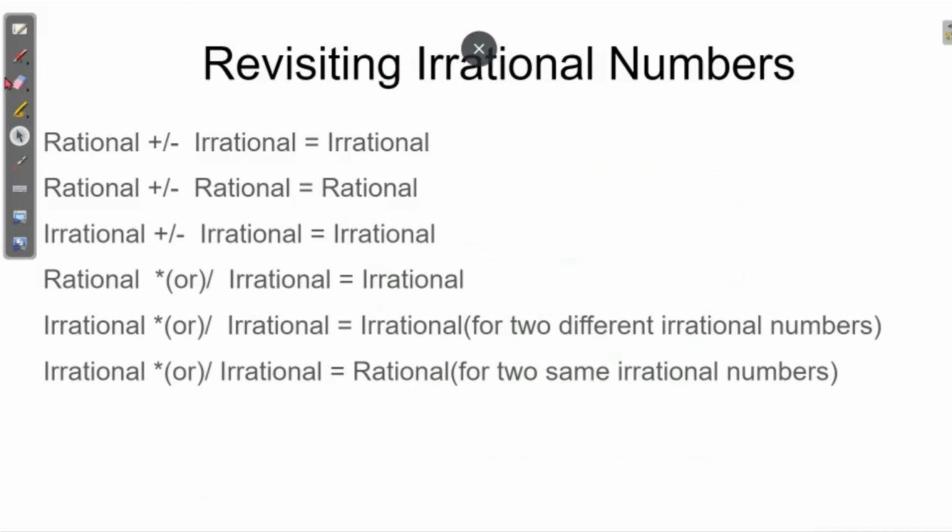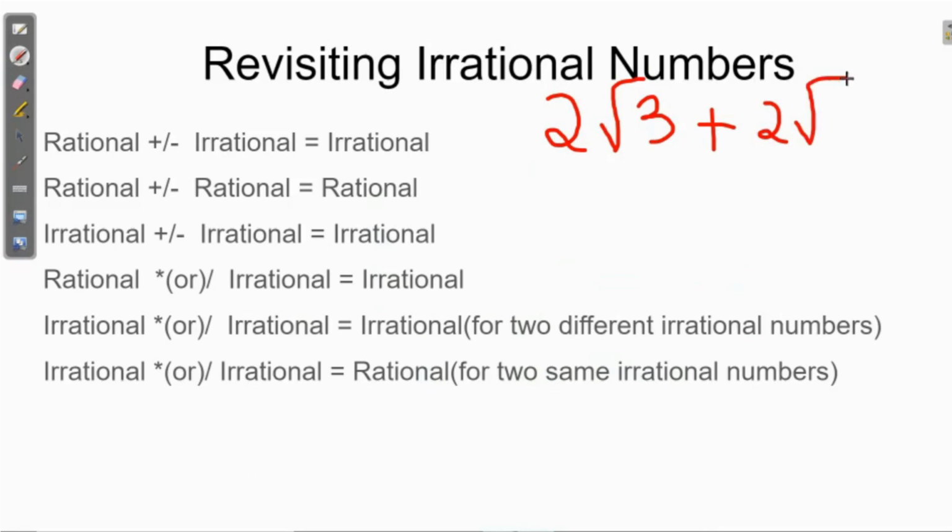Apart from that, the question that I saw mostly was they used to give a number, say 2 root 3. They used to give five options. Okay, 2 root 3 plus some 2 root 3. In my first video I have done, they used to give four options, and they will ask which of the following is rational or which of the following is irrational.